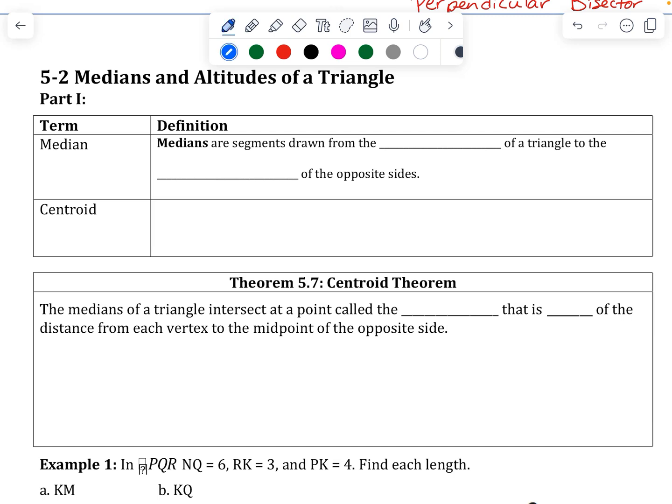All right, now let's talk medians and altitudes. Medians are segments drawn from a vertex to the midpoint of the opposite side. And the centroid is where the medians intersect. So what does this look like?